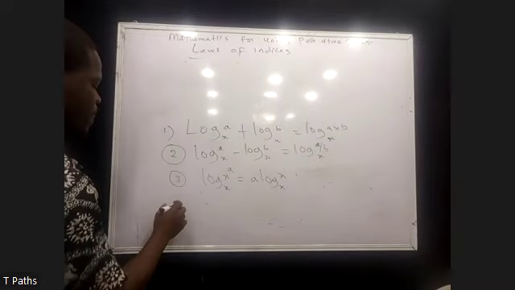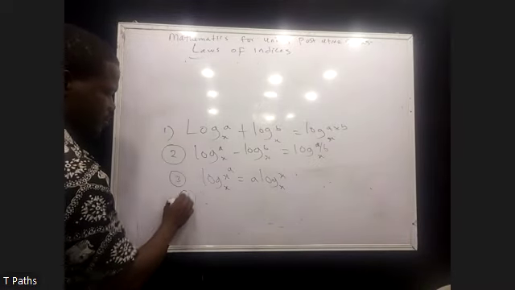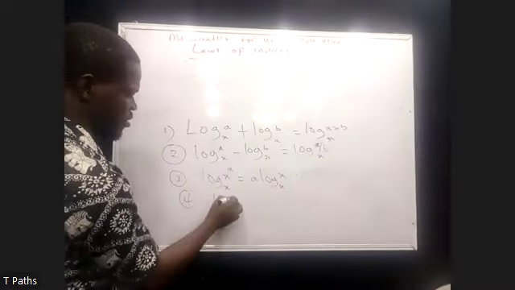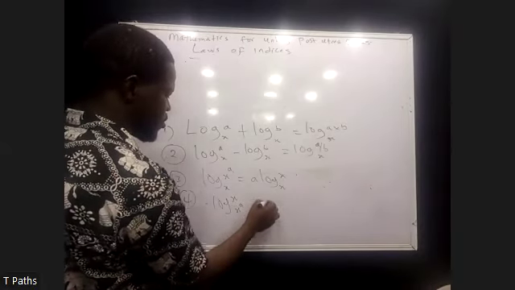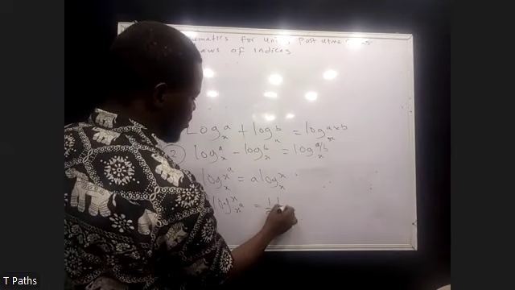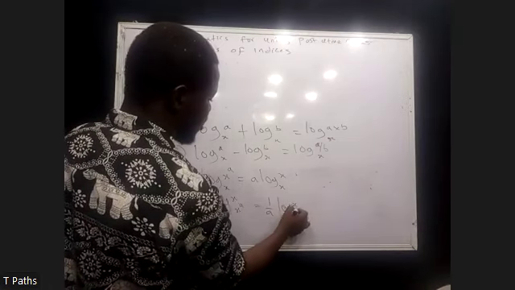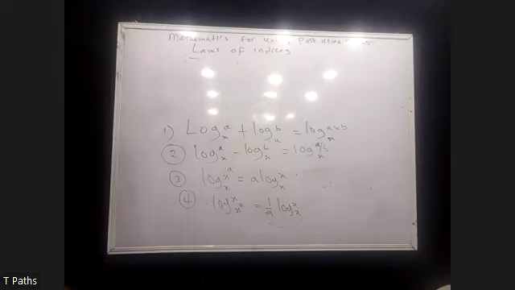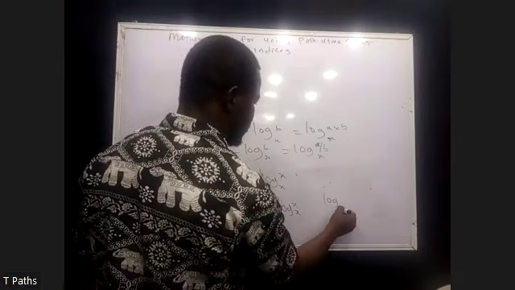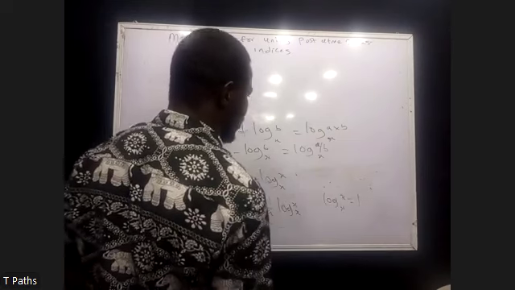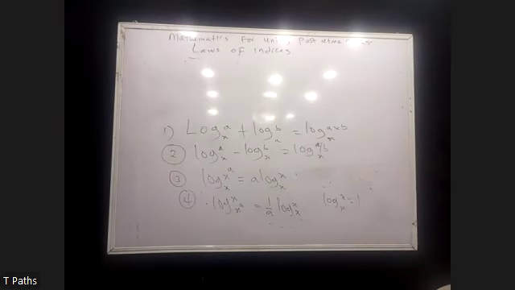Now 4: log X A is the same thing as 1 over log A X. Is that clear? And you know that log of the same base is 1.